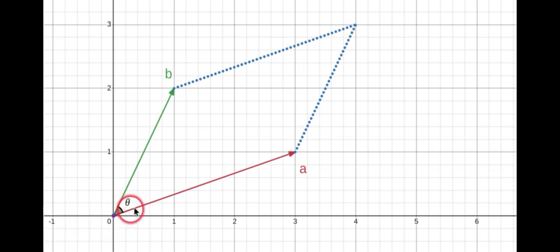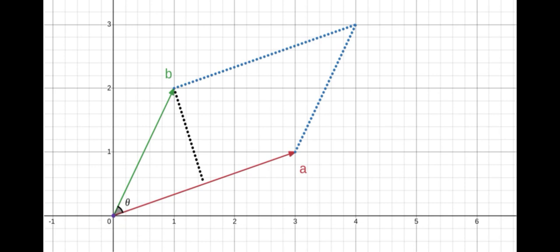So now I have A wedge B, you go in this direction, and that forms a counterclockwise rotation, which makes this a positive bivector.